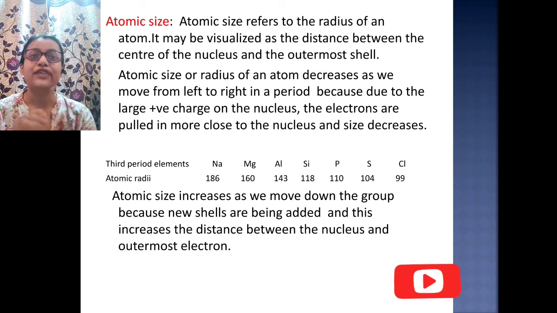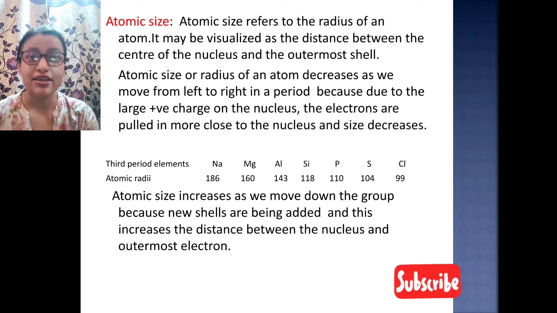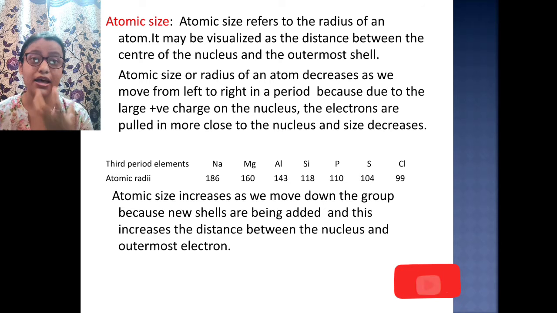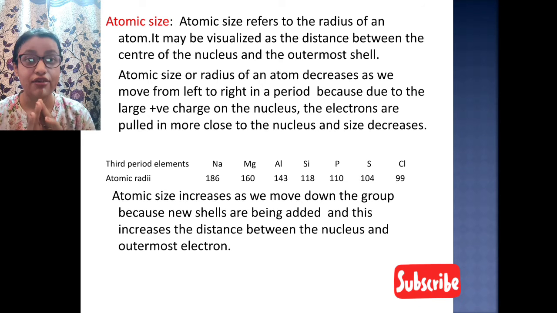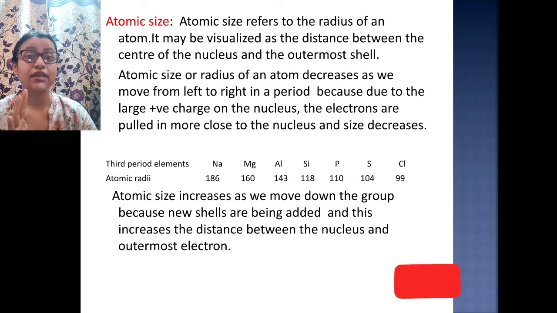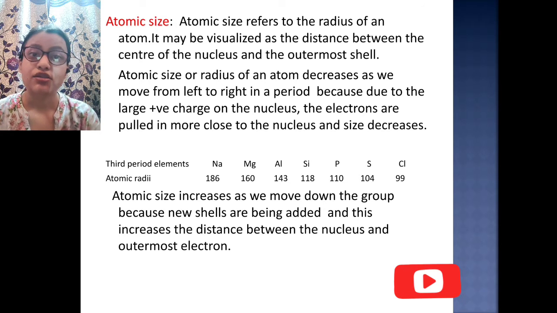The next trend is the atomic size. Atomic size refers to the radius of the atom. It can be visualized as the distance from the center of the nucleus to the outermost shell.